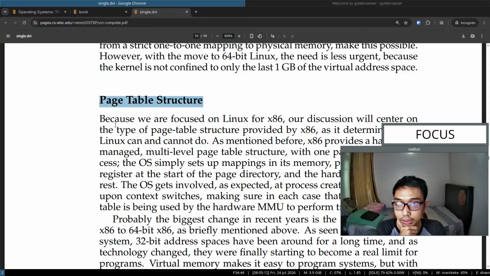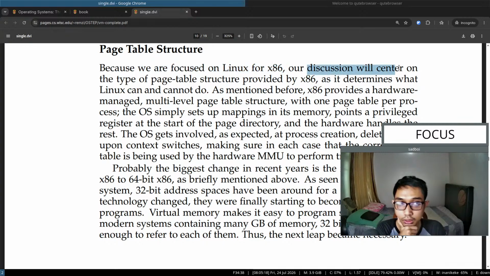Page table structure: because we are focused on Linux for x86, our discussion will center on the type of page table structure provided by x86, as it determines what Linux can and cannot do.